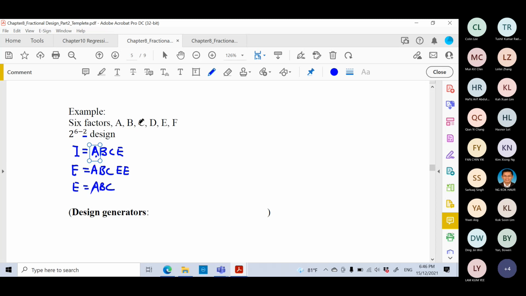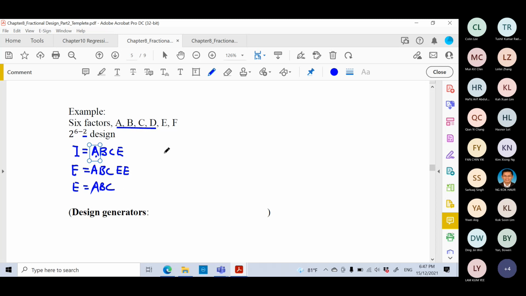Just now, if you still remember, I mentioned that it's 2 power 6 minus 2. So you write the basic design only for ABCD, with the plus minus sign. For the E here, you can choose the following defining relation, then you get E is actually ABC.